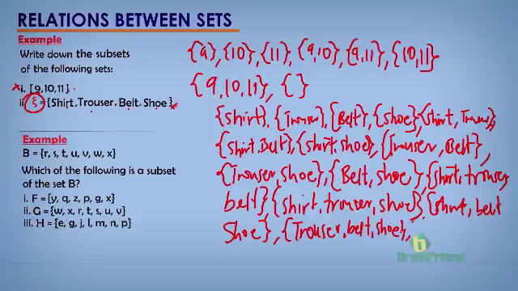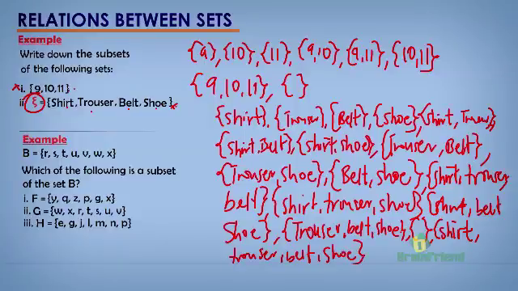We also have the null set or empty set, and we have a set of everything, which is our universal set, which has shirt, trouser, belt, and shoe. All in all, we have 16 subsets of our universal set.